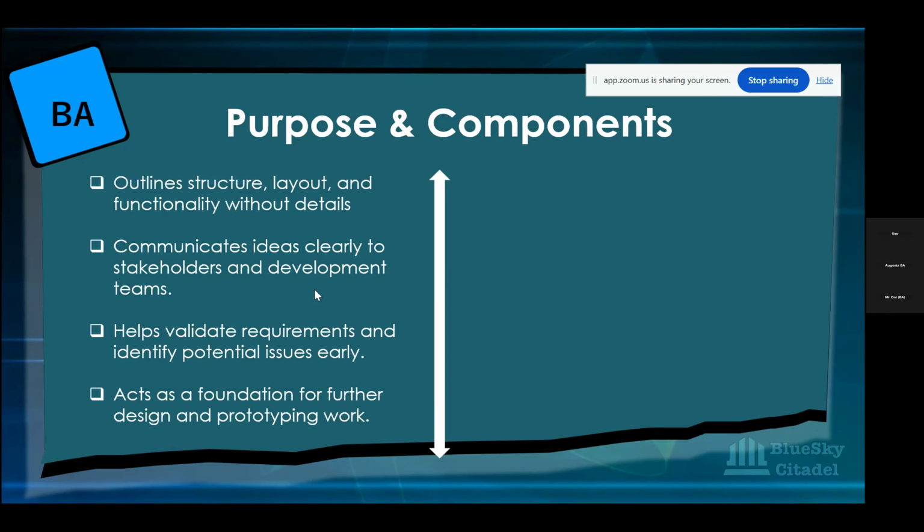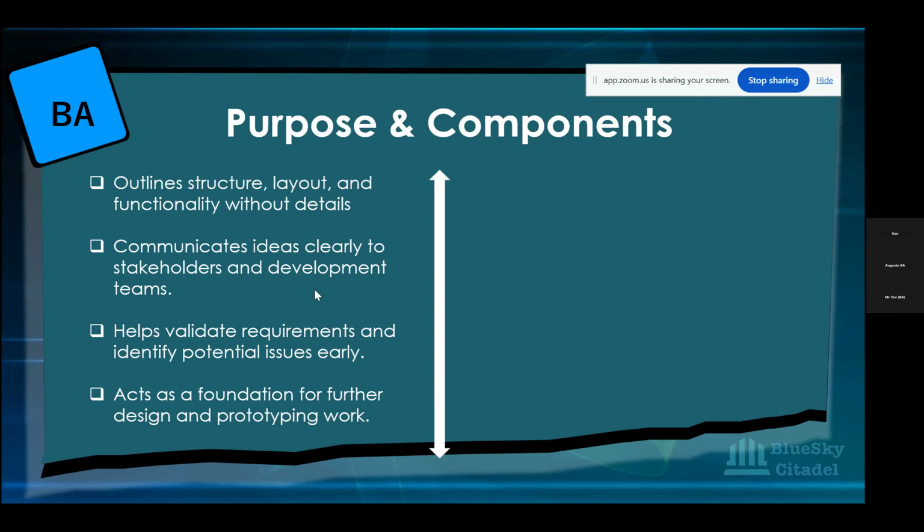So if about us has to have everything about the company, there's no need to get the actual text and put it in the wireframe. Just use dummy text, lorem ipsum, blah, blah, blah, scroll, scroll, scroll. Once you see that, you know that a text is supposed to be there, but you're not going to get the actual text, the actual logo, the actual image or colors. It's black and white. Again, low fidelity, okay?